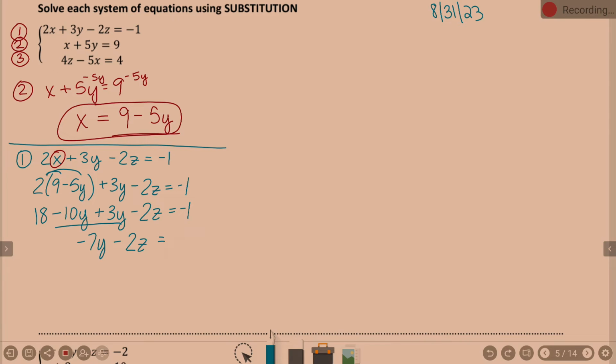Now, what about the 18? If it's a positive 18, I can subtract 18. Negative 1 minus 18 is negative 19. Whether you like the looks of it or not, this is what I'm going to call equation 4.